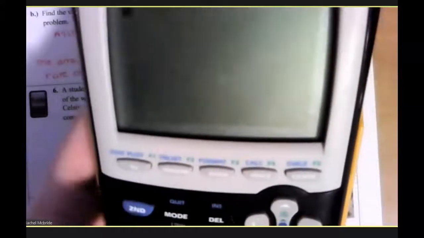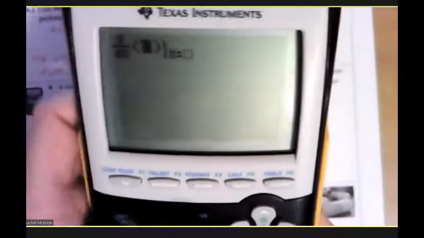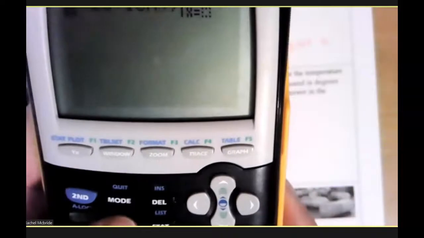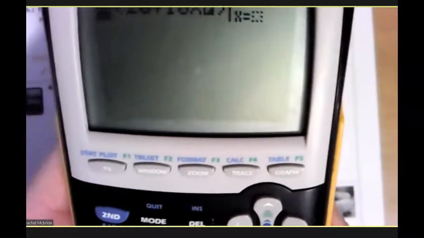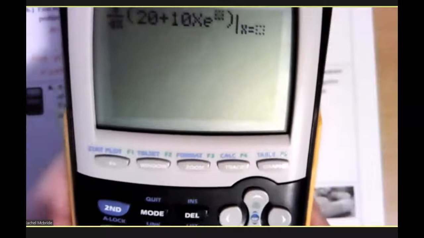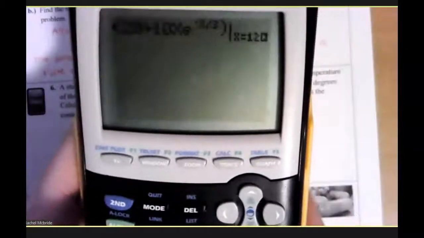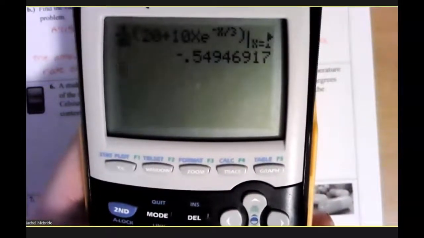You're just going to your calculator, you're going to type in math, go to NDeriv, type in your function, and then type in the value you want to find it at. So we have negative 0.5494.